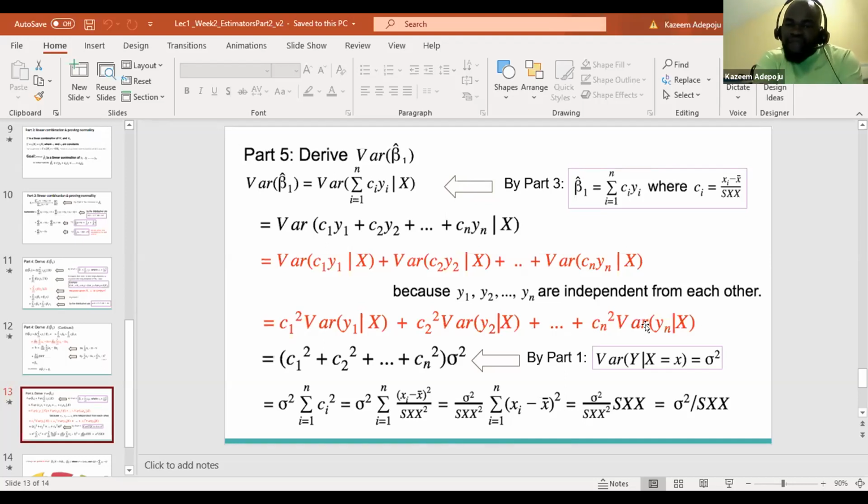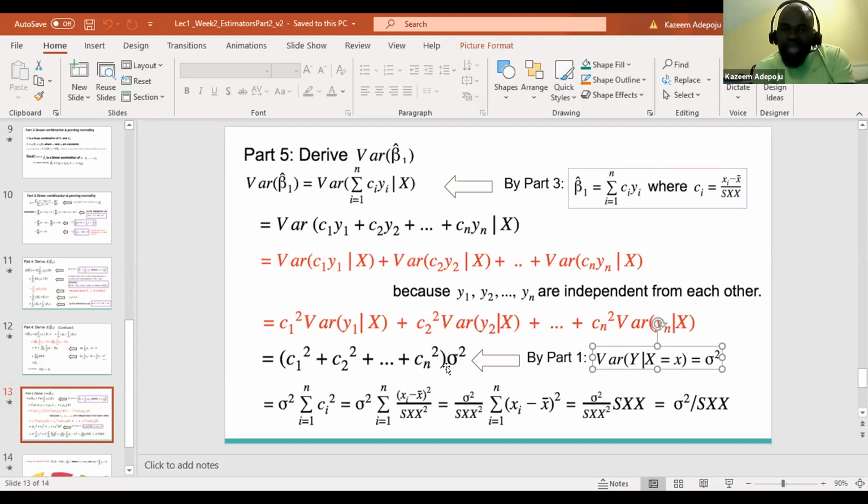Since this one is sigma squared, this one is sigma squared, this one gives me sigma squared, the sigma squared is common to each of that. What am I using right now? I'm using the fact that the variance of the response has to be the same, has to be constant. We're taking that from part 1, where we said the variance of y given x equal to small s is sigma squared. Can you see that now? That is the reason why we got this.